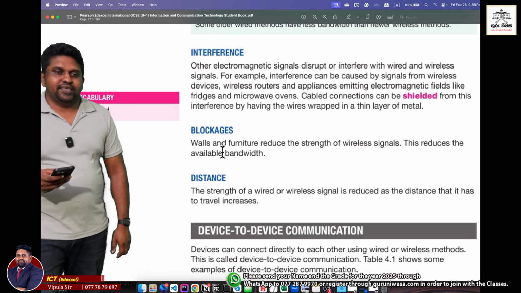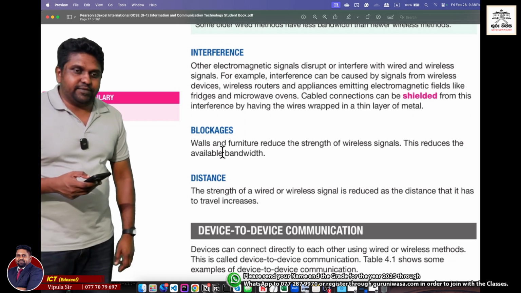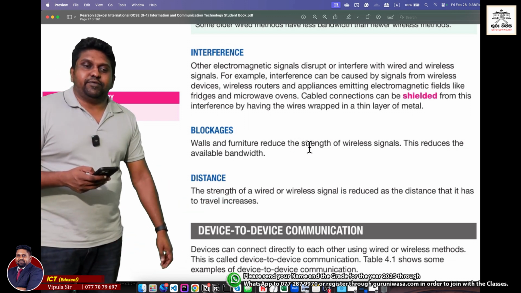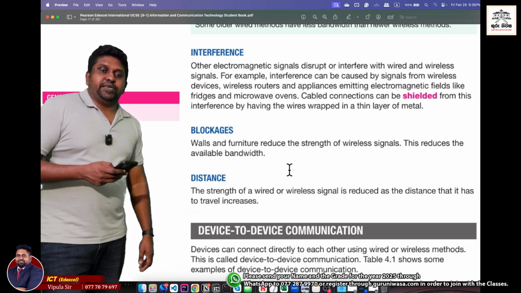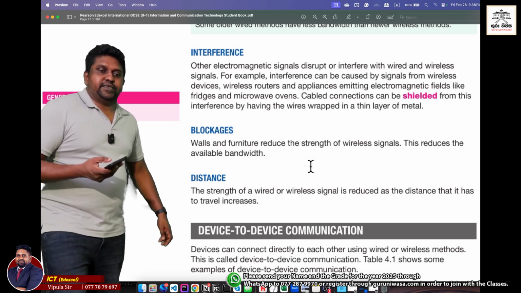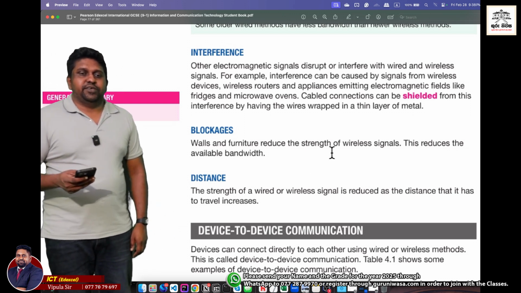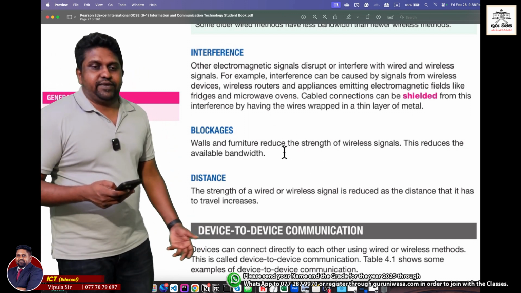As well as blockages. Blockages, in simple terms, can be walls, furniture, or any sort of specific thing which will reduce the available bandwidth, right?